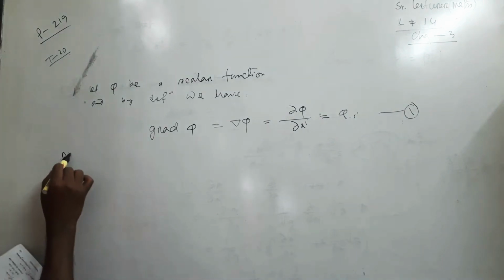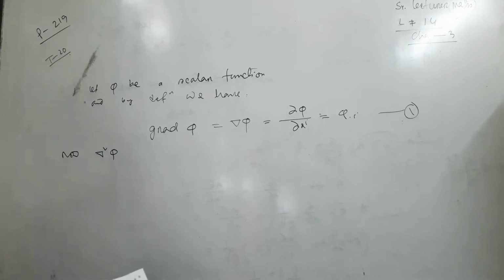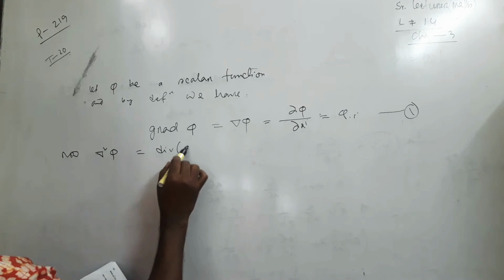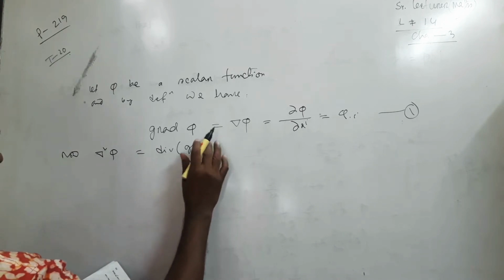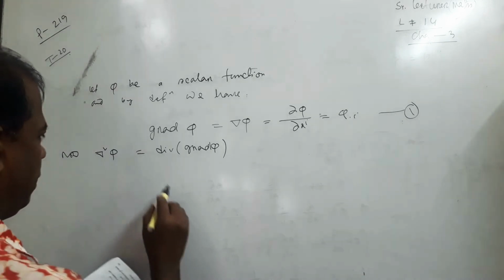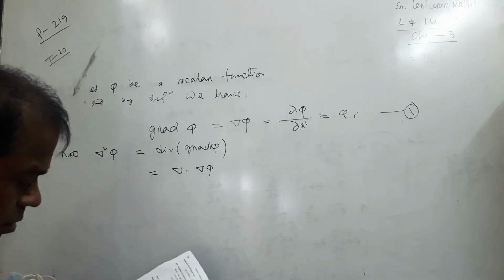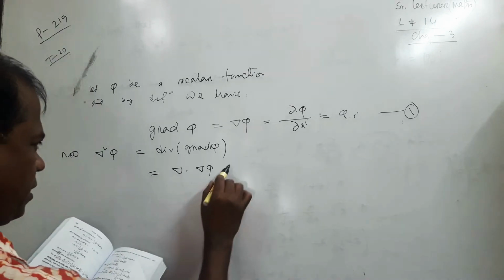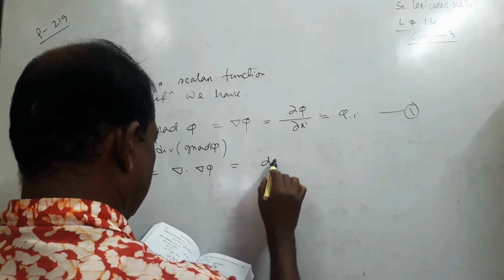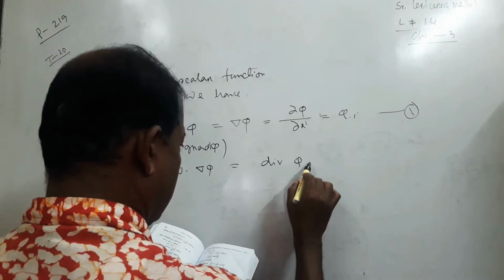Now the Laplacian, del square phi, equal to the divergence of the gradient of phi. The gradient of phi is del dot del phi, and in tensor analysis it is denoted div phi comma i.